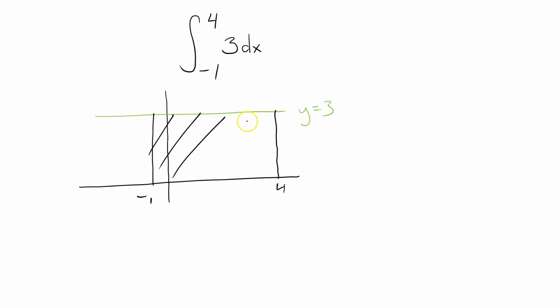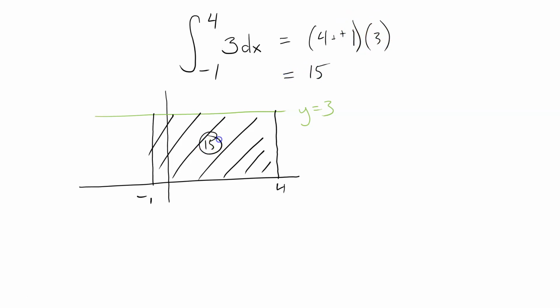We want this area. You notice again, this is another easy problem. We're finding the area of a rectangle. That area is 4 minus -1, or 5, a width of 5, times a height of 3, which is just going to be 15.